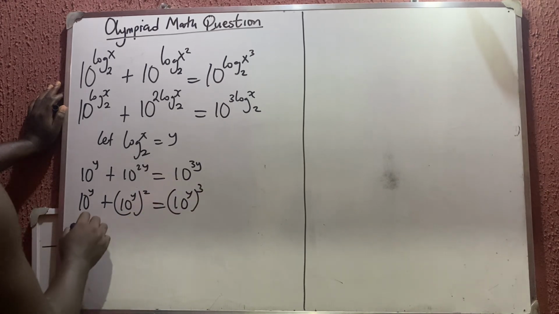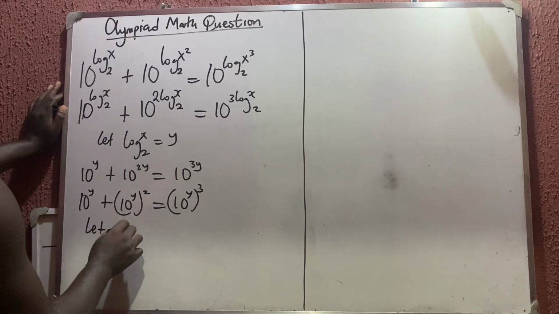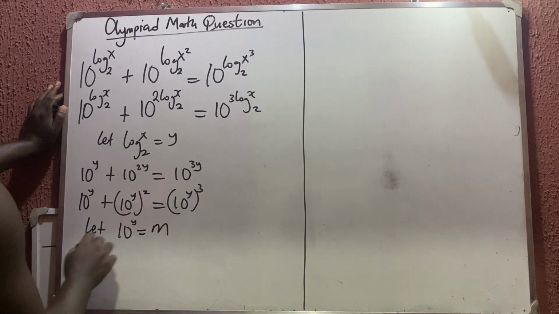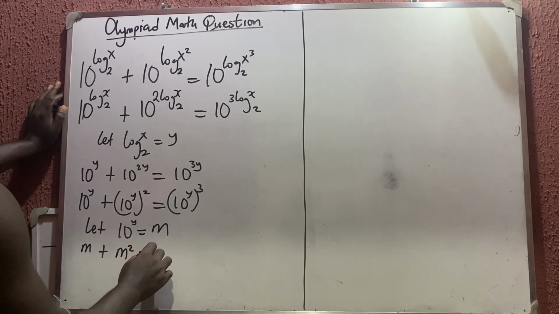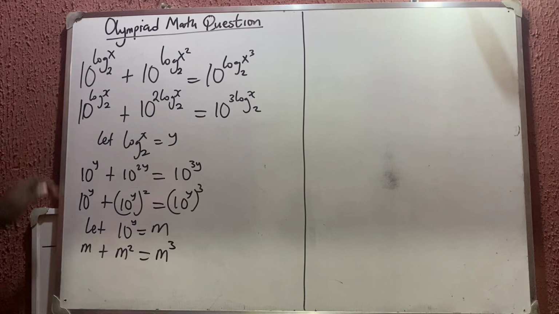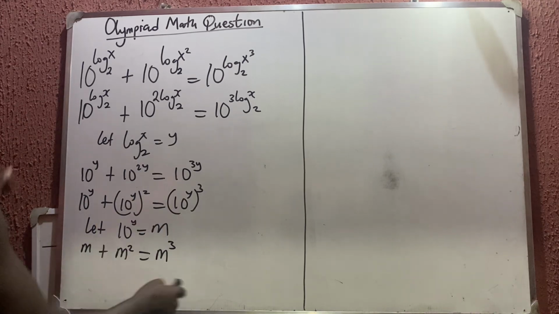So letting 10 raised to the power y be equal to m, I have m plus m squared equal to what? m cubed.